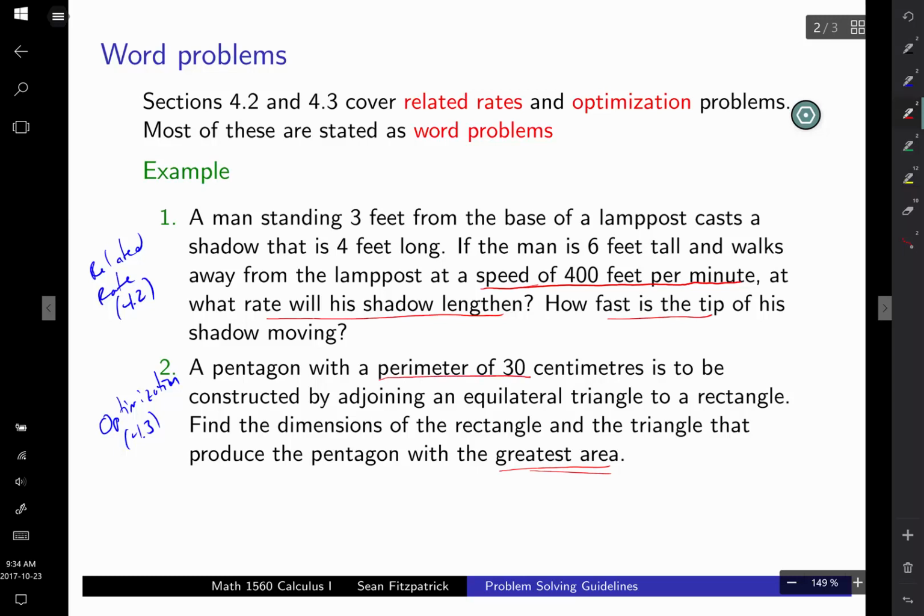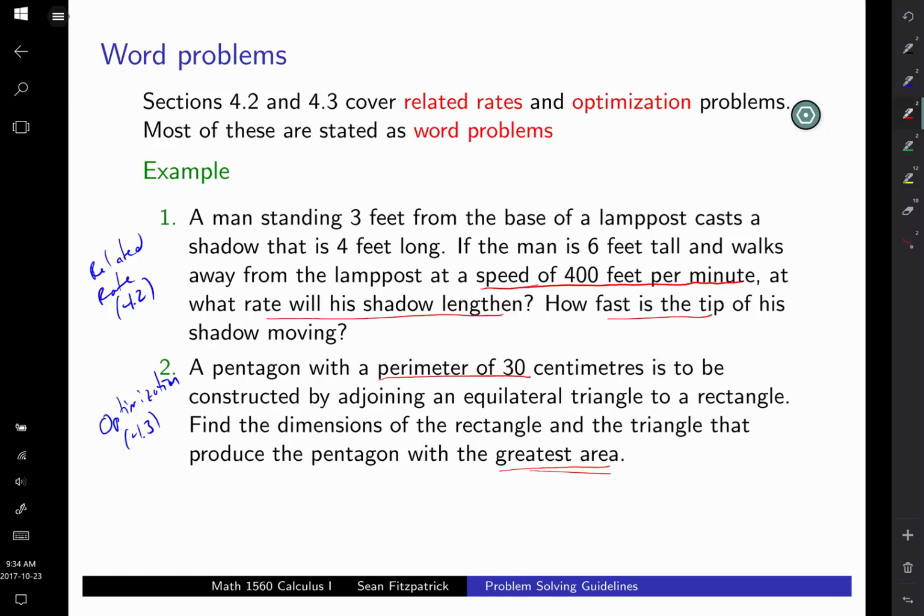In this case, the constraint is that you have to have a perimeter of 30, right? Because if you put no limit on the perimeter, you can make your pentagon as big as you want, and you're going to get areas that are bigger and bigger and bigger. So to have a well-posed problem, you need to be talking about greatest area, but constrained in this case by the perimeter of that pentagon. That gives you some sort of limit on the size.